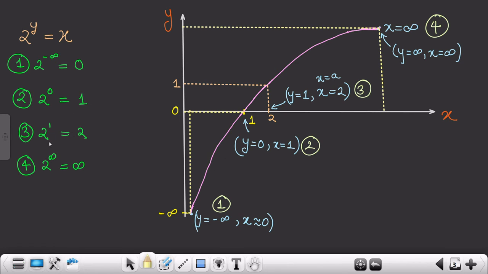Then we put the value of y as 1, and we get x equal to a, that means in our case x is 2, right? So we got these and plotted this graph. Then we put y as infinity, so we got x as infinity. So I hope you understood up till here.